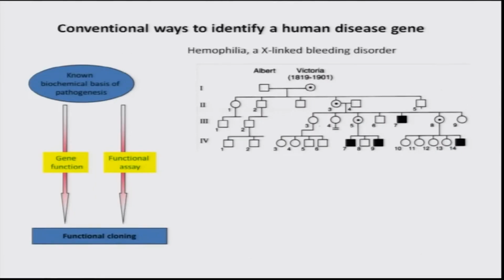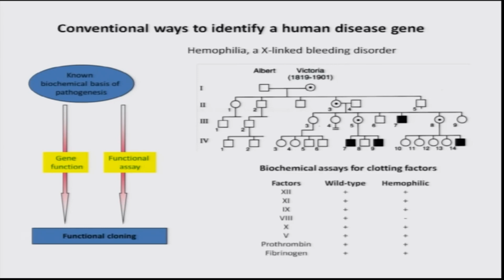So, let us look at how they were really identified. This is the kind of symbols that are shown, but let us not worry about it. What had been understood by then is the biochemical basis of how blood clotting happens.